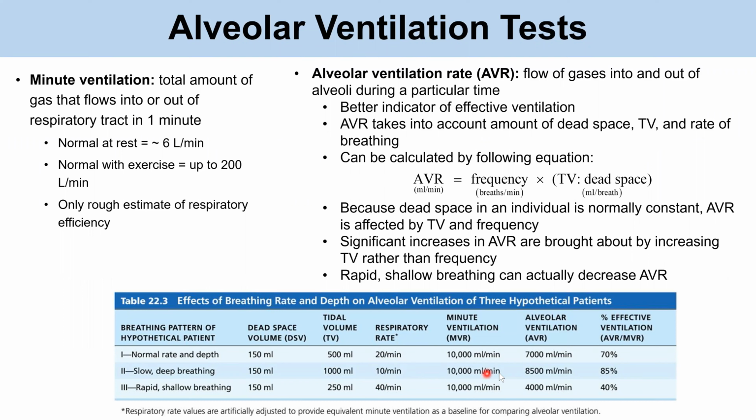Their minute ventilation is going to be the same, but their alveolar ventilation, notice, is not the same at all. In our slow, deep breathing patient, their AVR is 8,500 milliliters per minute. This is an effective ventilation of 85%.